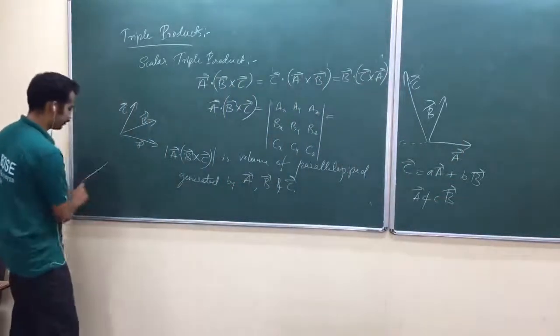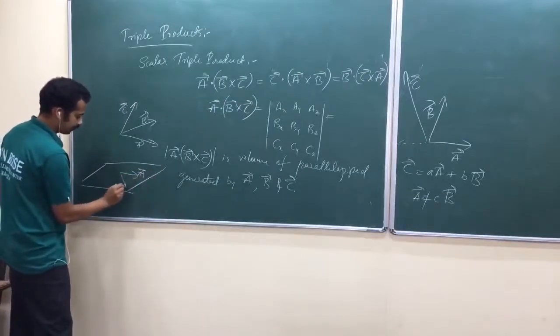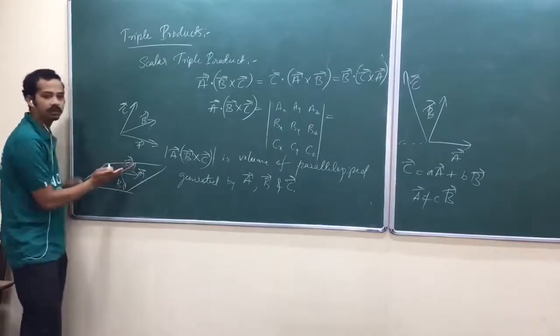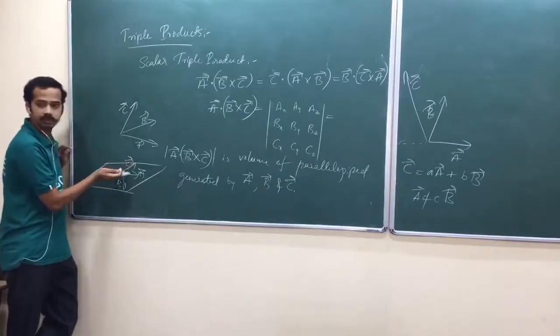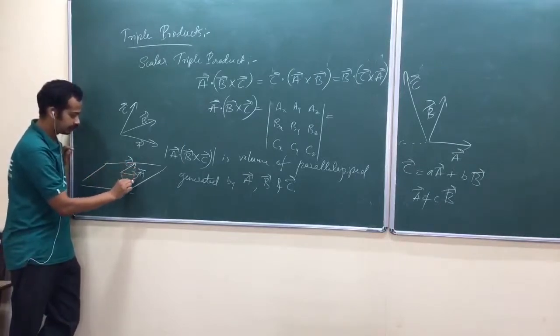Is that okay? If you can't picture that, construct vector A, vector B, okay? C is out, C is not on the plane. This vector C is out of this plane, just imagine. So this C makes some projection like that.